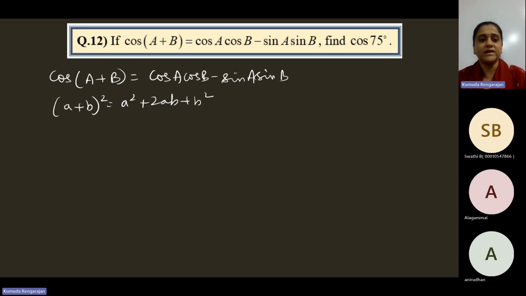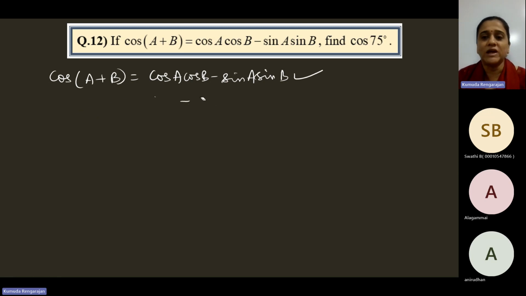It's a trigonometric formula. Using this formula, you should find the value of cos 75 degrees. Cos 75 is not a standard angle, so you don't have the value in the table. So how will you find cos 75? Using this formula.